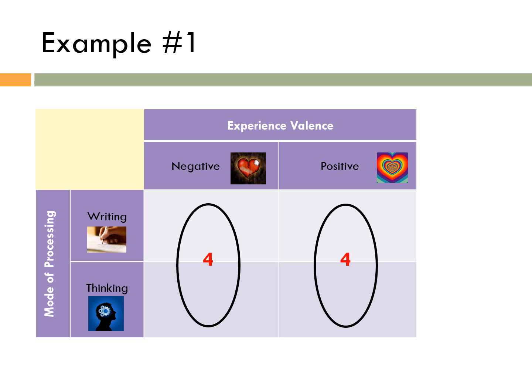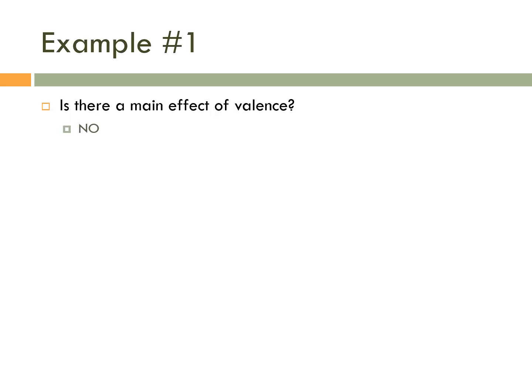Each of those creates a 4, and then we ask, are those 4s different? We'd run our statistical analysis to say, is 4 different from 4? And you can guess that there's no difference there. So these marginal means are not different, and there is no main effect of valence.